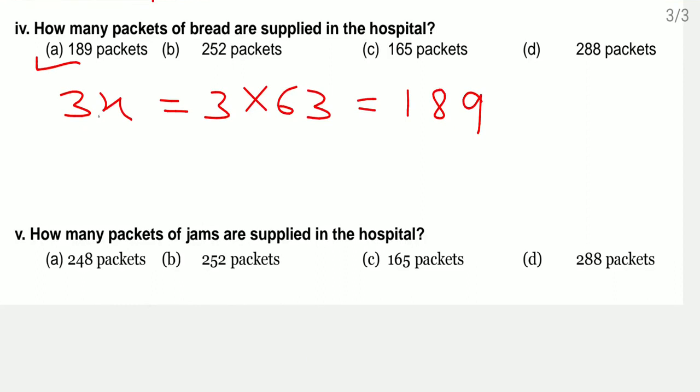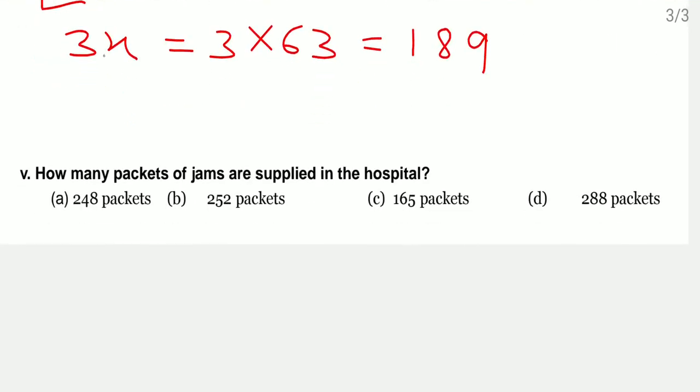How many packets of jam are supplied in the hospital? Now see, try to understand. Here 189 packets of bread. In one packet of bread, how many pieces are there? 8 pieces. If I multiply this number, I get 1512. That means these many pieces of bread we are supplying to the hospital. Remember, these many pieces of jam also we are going to supply, because the same number of bread pieces and jam pieces are supplied to the hospital.